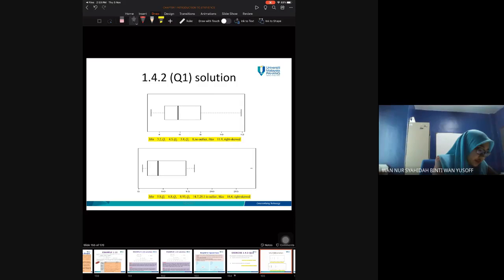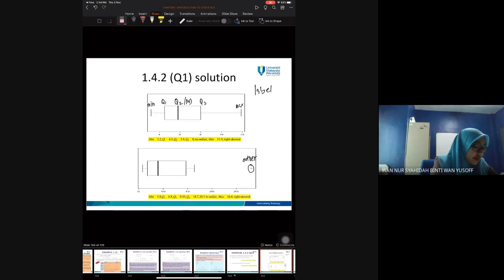We should label our box plot. We have to label all the values that we plot. So here we have the mean, the Q1, the Q2 or median, the Q3 and also the max. If you have an outlier like in question B here, we have to label it also. This is the outlier.